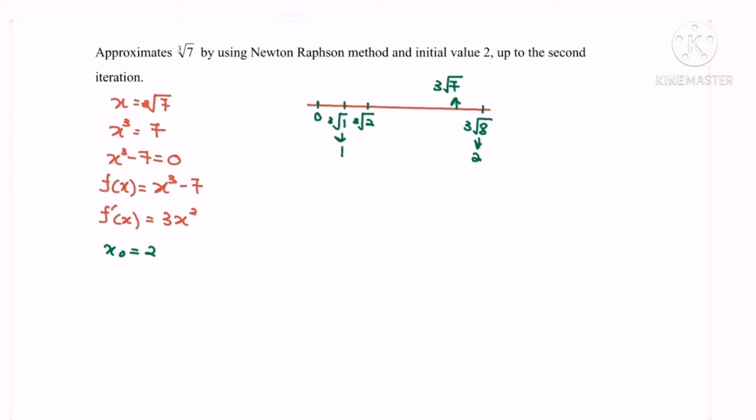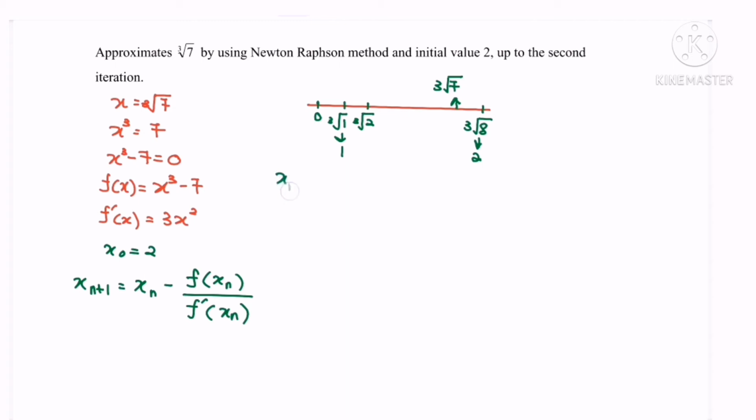So what we have to do is to substitute the situation into the formula, and the formula will be x(n+1) equals xn minus the function f(xn) over f prime of xn. Kindly substitute the situation into the formula.